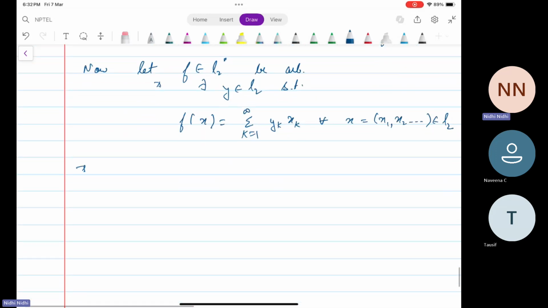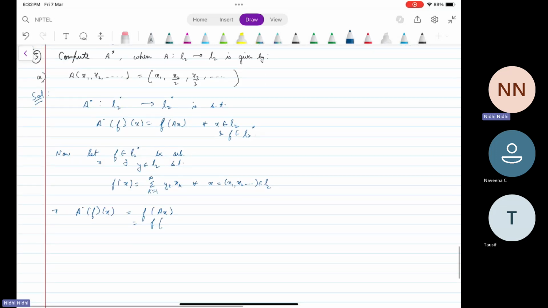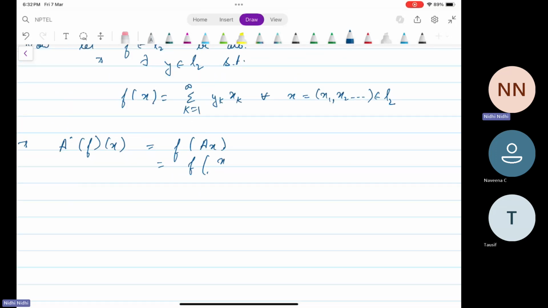This implies A star f at any point x, which is defined as f of Ax, is equal to f of Ax, given by the sequence x1, x2 by 2, x3 by 3, and so on.